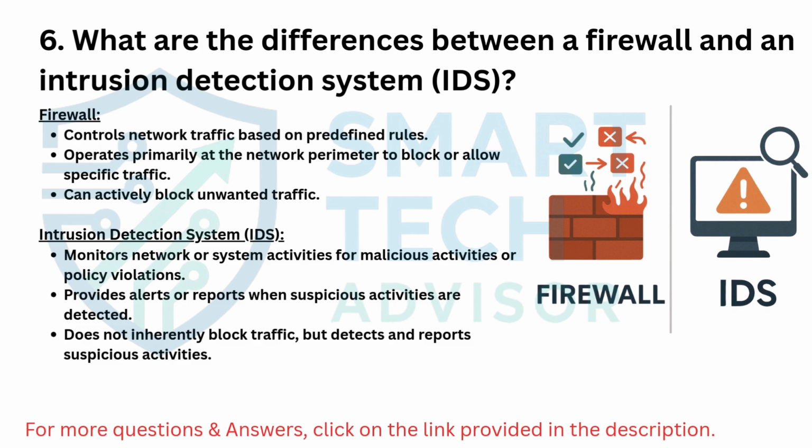An intrusion detection system monitors network or system activities for malicious activities or policy violations, and provides alerts or reports when suspicious activities are detected. It does not inherently block traffic but detects and reports suspicious activities.